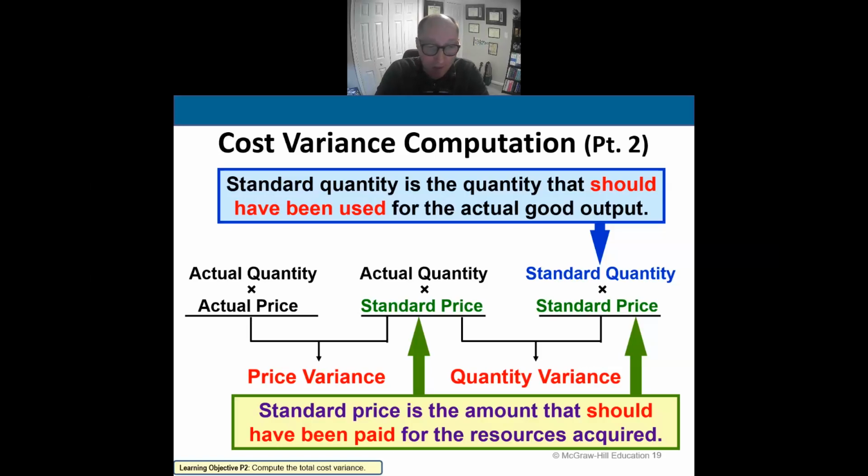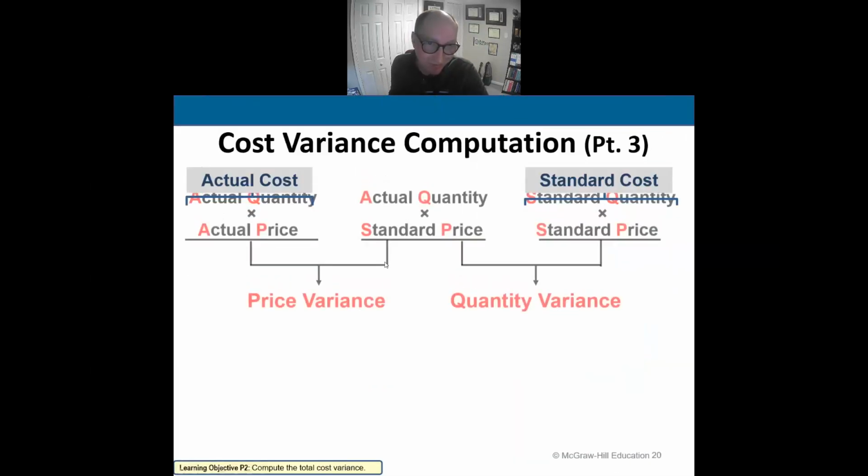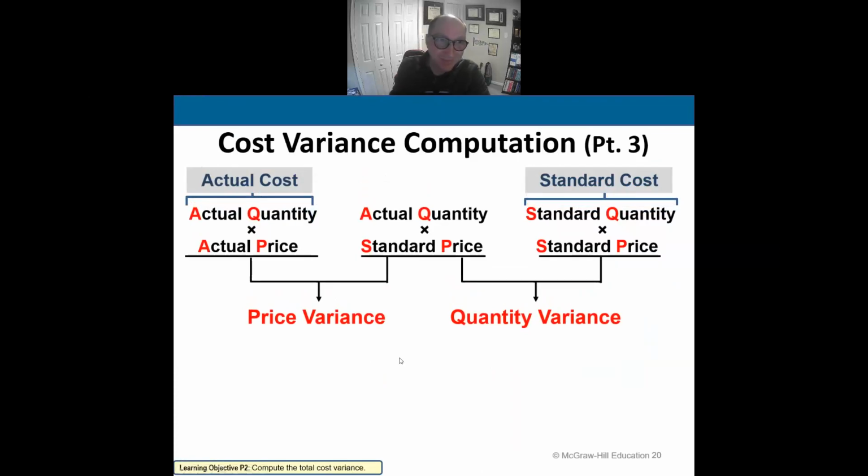And the standard price is what I should have paid. Right? That's the standard, yes? That's what I should have paid, but usually not what I actually paid. It's a relatively straightforward computation.